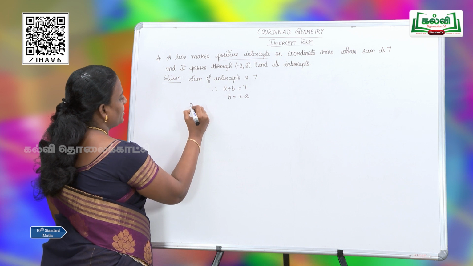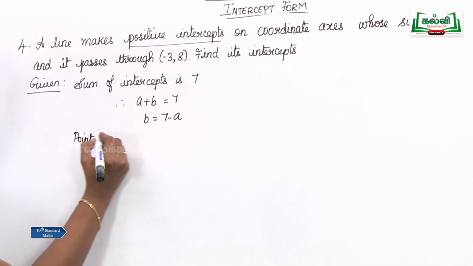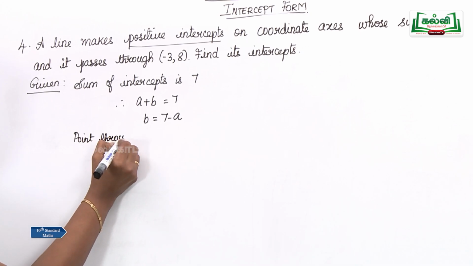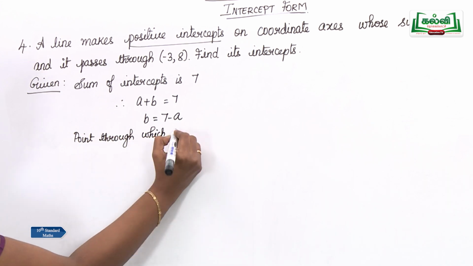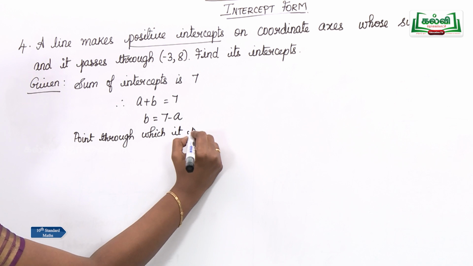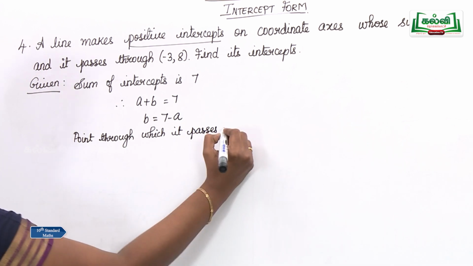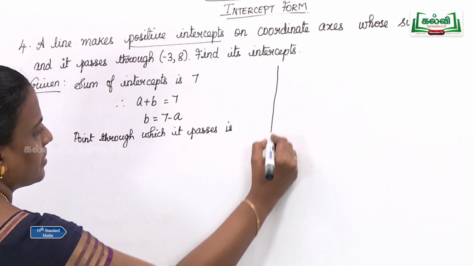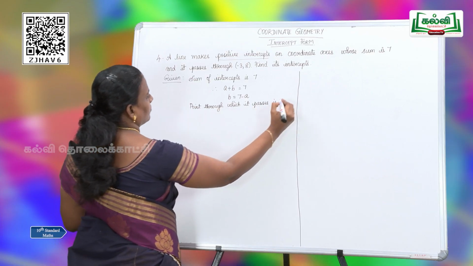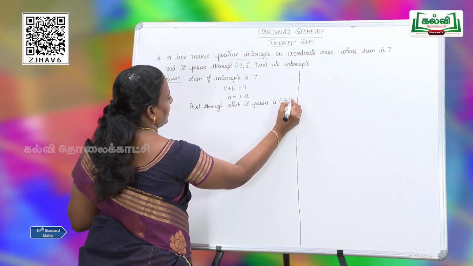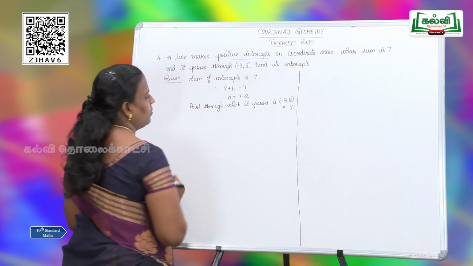Then what is the point? The point through which it passes is given by minus 3 comma 8. So this will be your x comma y.